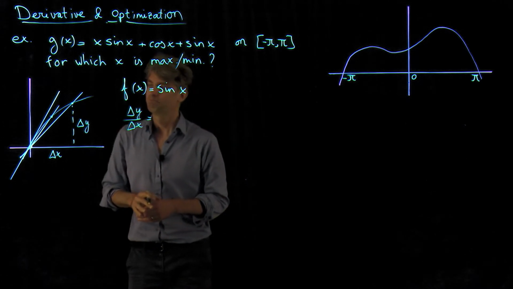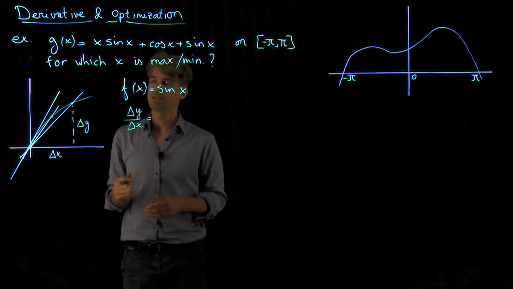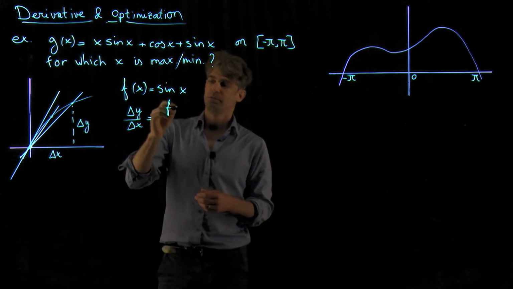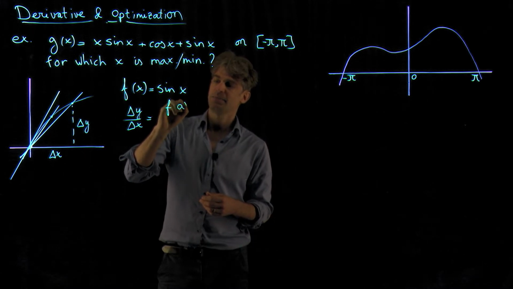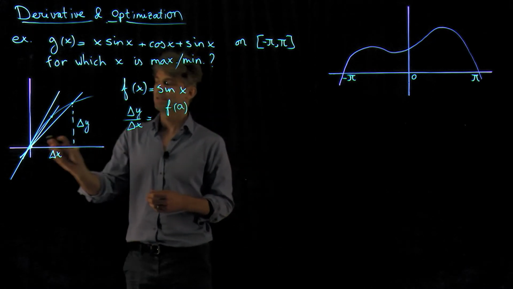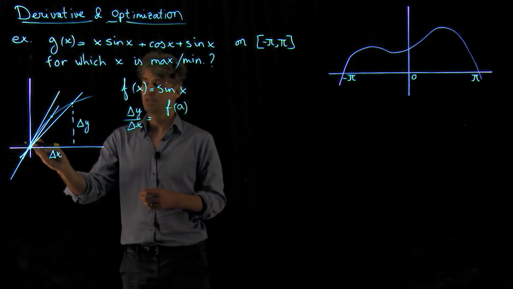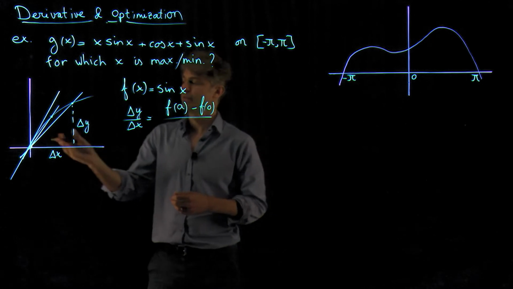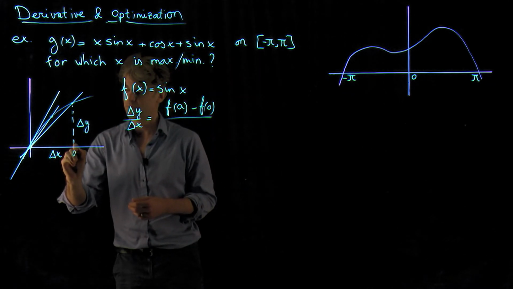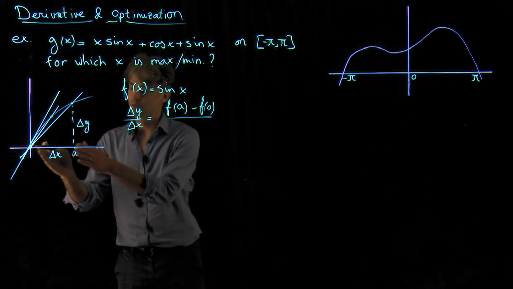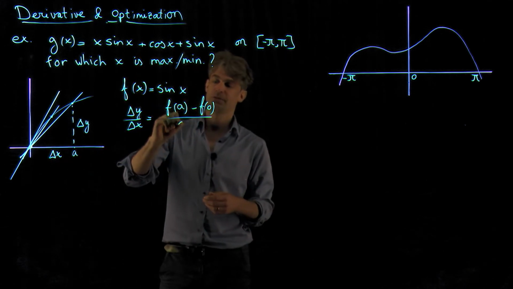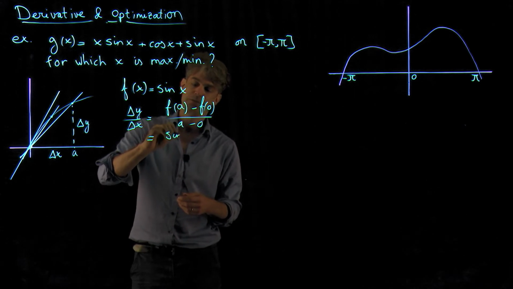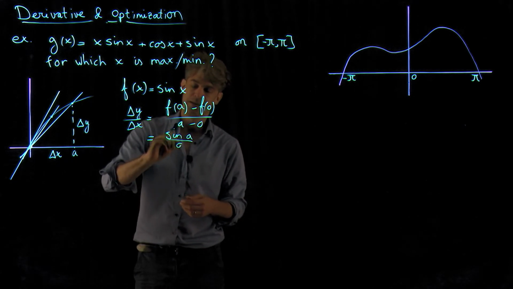And of course, here we're at the function itself, so that will be in this case f of a, let's say that's the point A, minus f of 0 divided by, if this is A, then of course the delta x will be A minus 0. So what we get here is the sine of A divided by A.